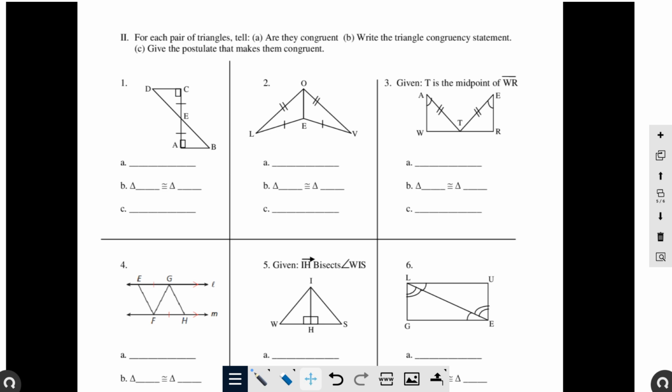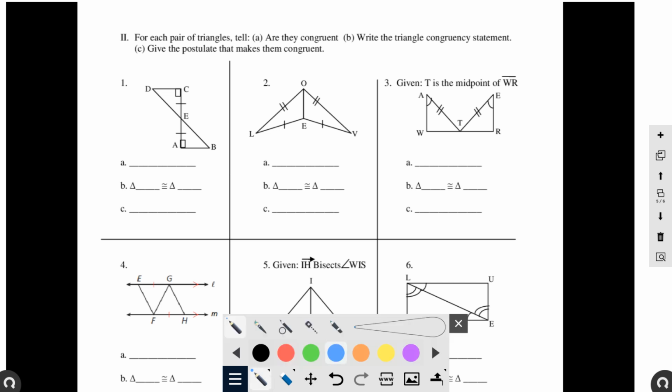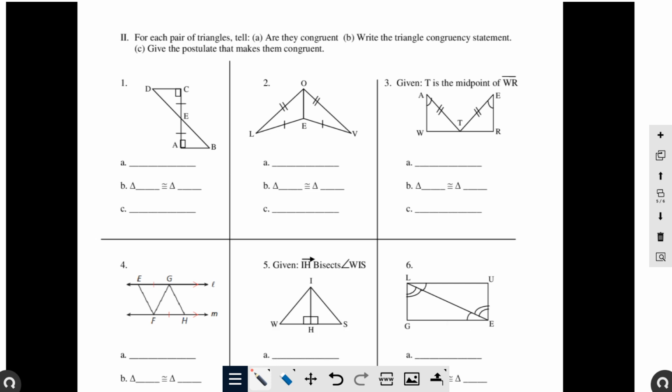HL is just kind of thrown in there. So look at these 2 triangles. Is there anything else that we can do? We can mark vertical angles here at E. This one is equal to this one. Now, just because it has a right angle, is this one HL? No. What makes these 2 triangles equal?